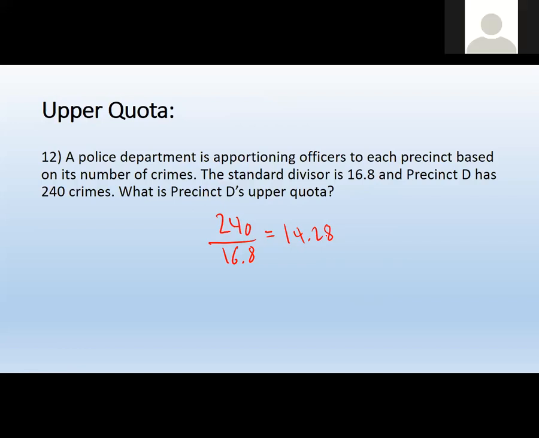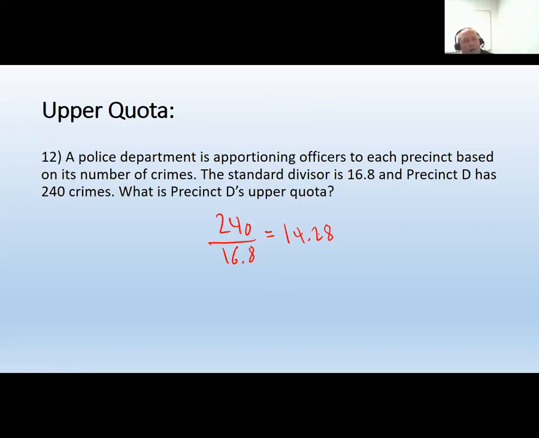When you have a decimal on your standard quota, or even your modified quota, the upper quota is basically just rounding up. The lower quota is rounding down. So the upper quota is going up to the next number, no matter what the decimal portion of the number is. The decimal portion is 0.28.